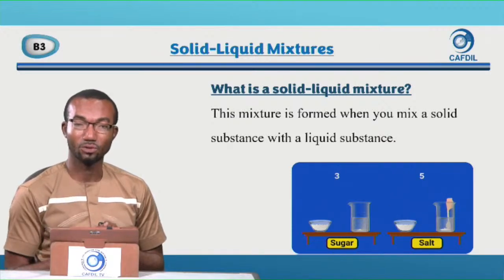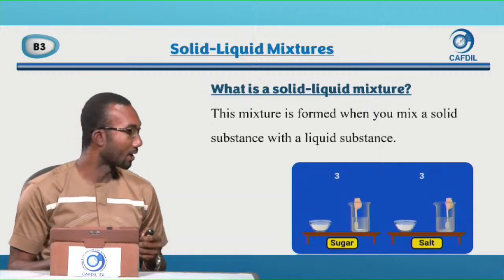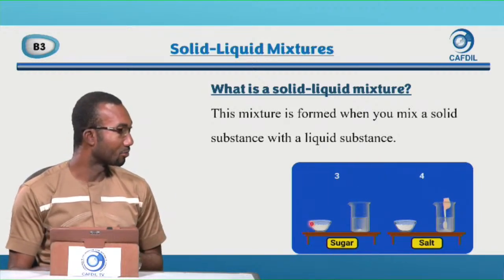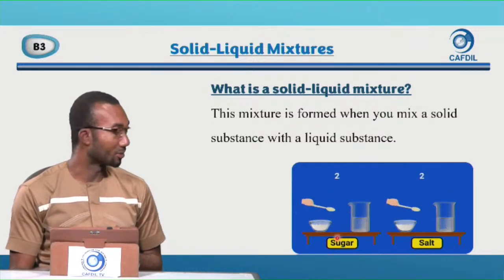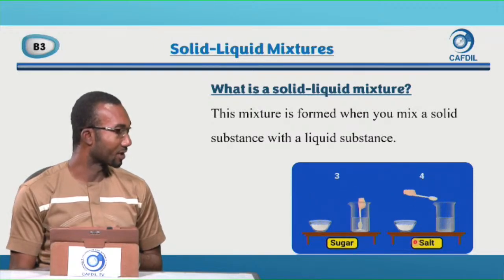And then we have salt, whether the smooth one or the rough one, they are all solid. So when you put sugar in water, we get a solid liquid mixture because the sugar is solid and the water is liquid. The same applies to the salt.